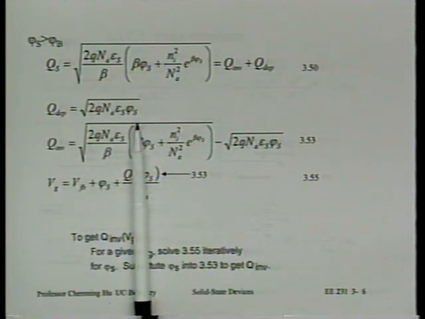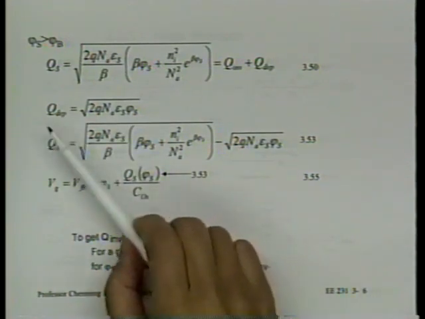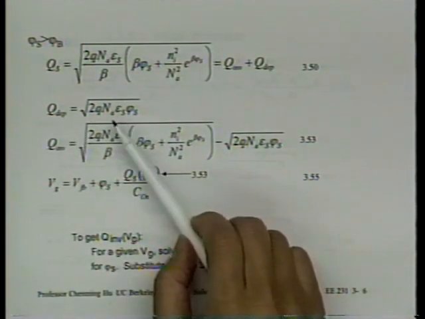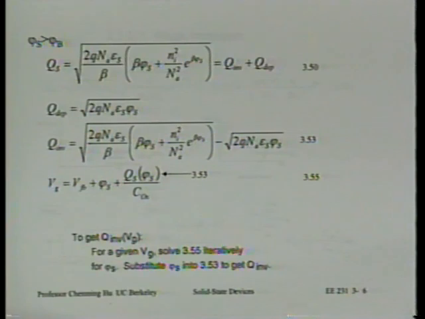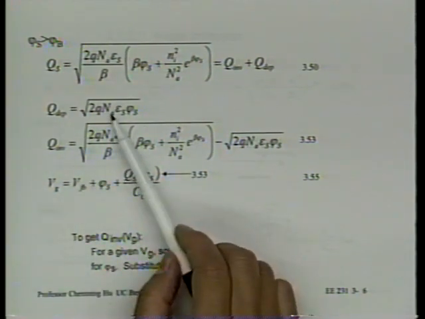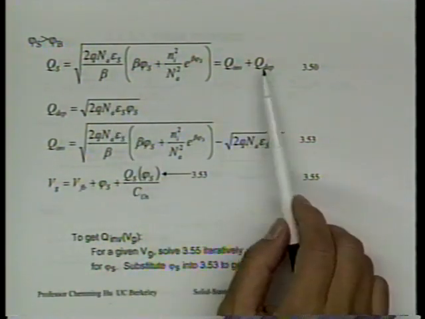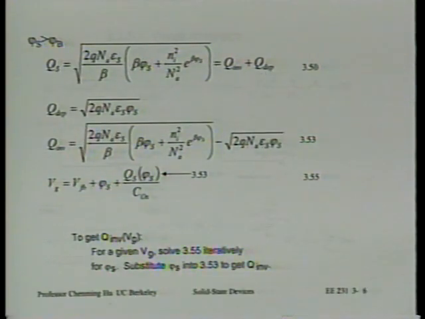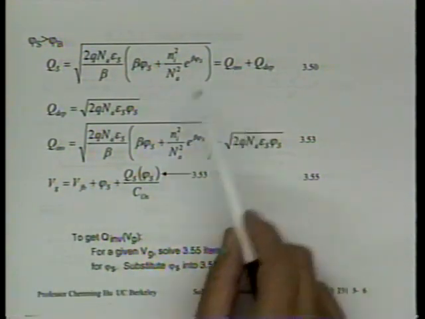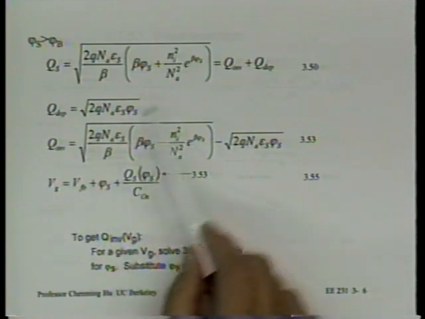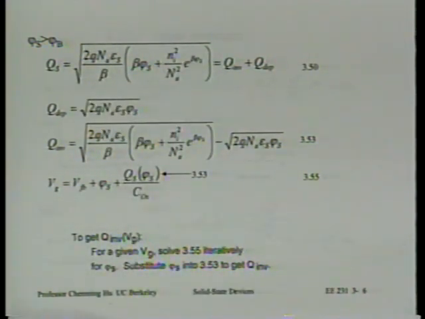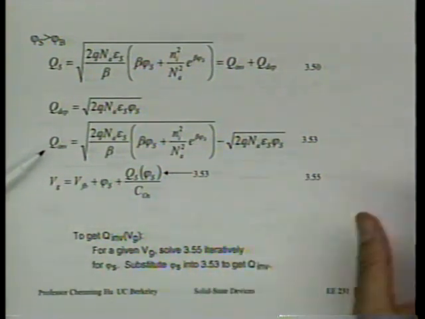This, by the way, is a very good approximation. Therefore, we substitute this square root term for that Q depletion and end up with an expression for Q inversion. Q inversion is equal to this minus that. So this is the first expression we have seen for Q inversion.